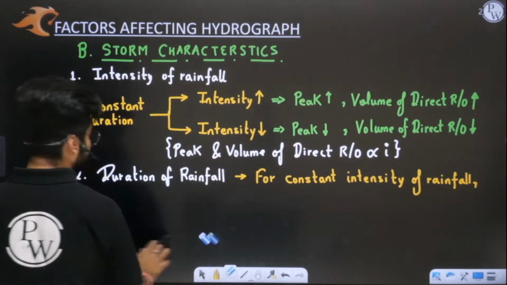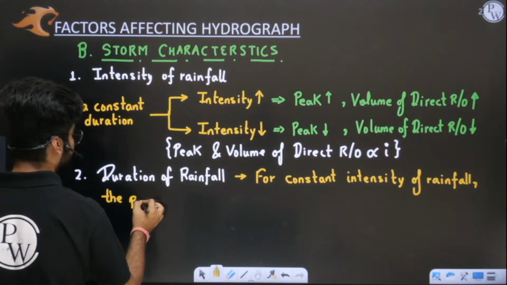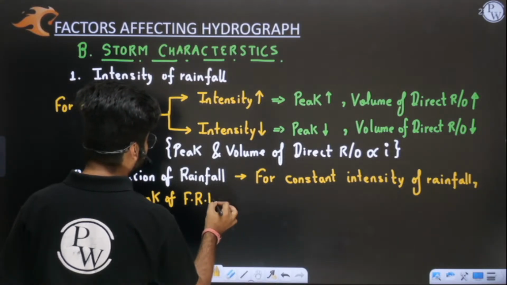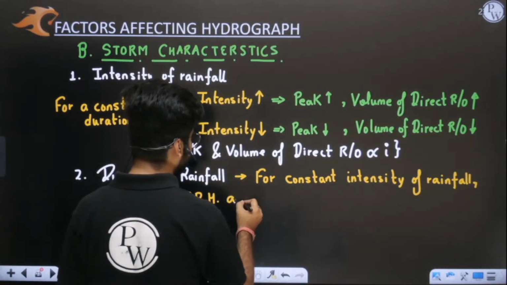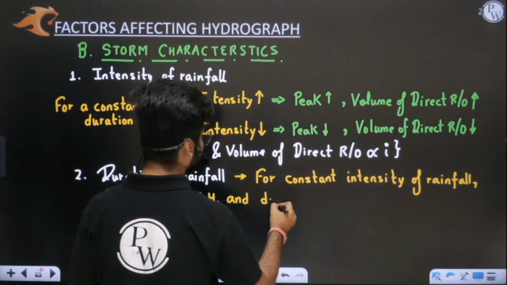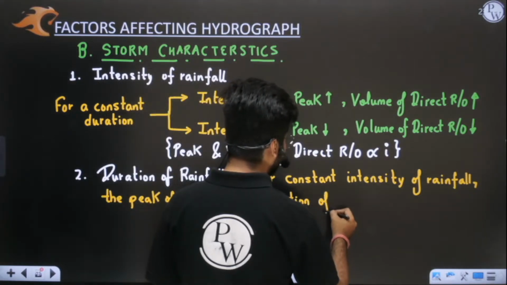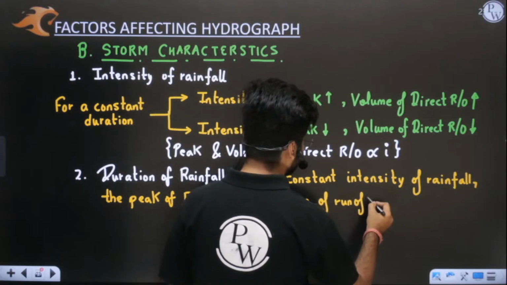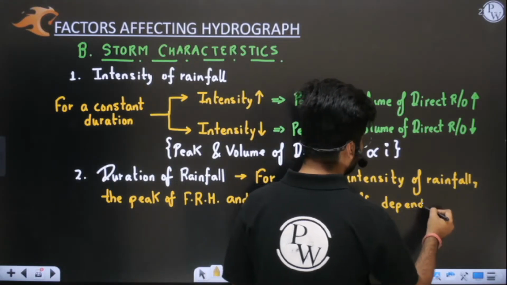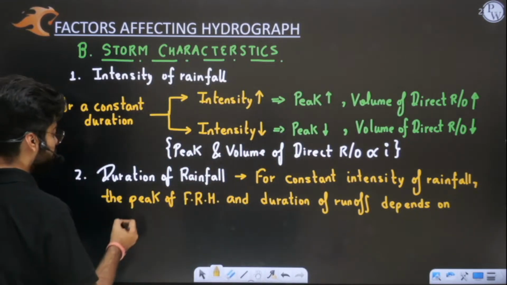For constant intensity of rainfall, you need to understand, the peak of the flood runoff hydrograph and the duration of runoff depend on the duration of rainfall.